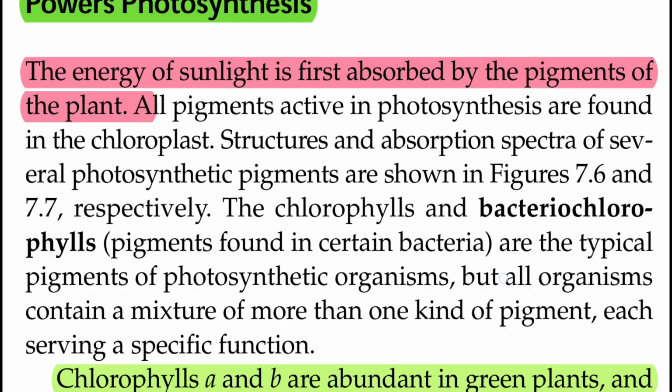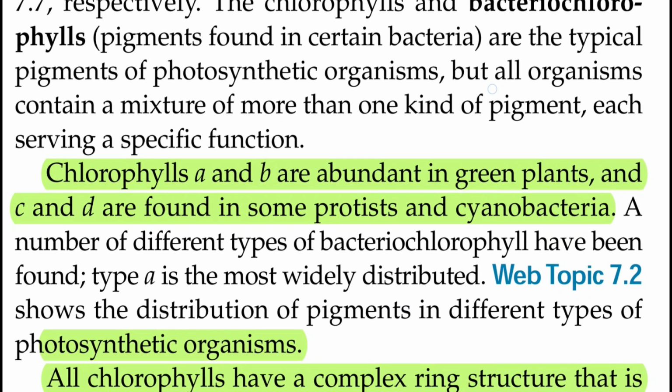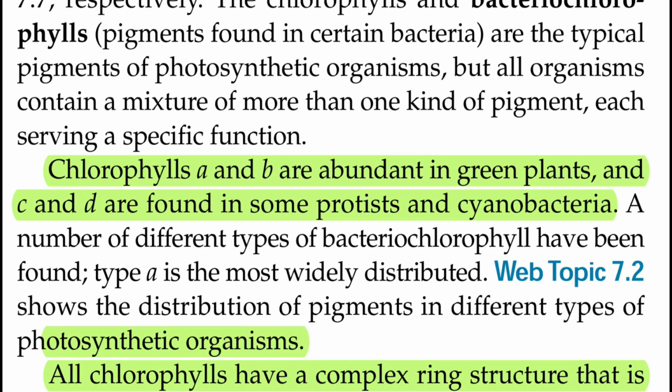So, chlorophyll A and B are abundant in green plants, and C and D are found in some protists and cyanobacteria.